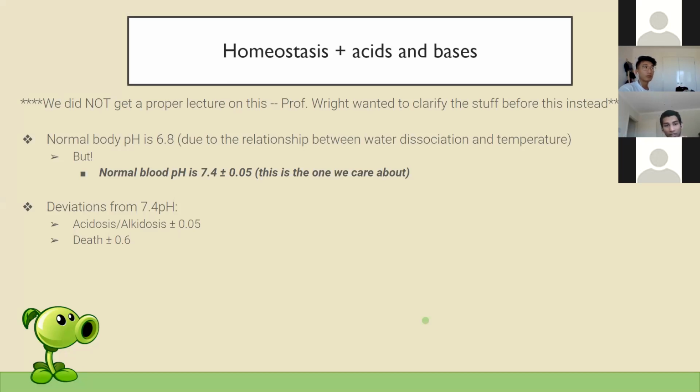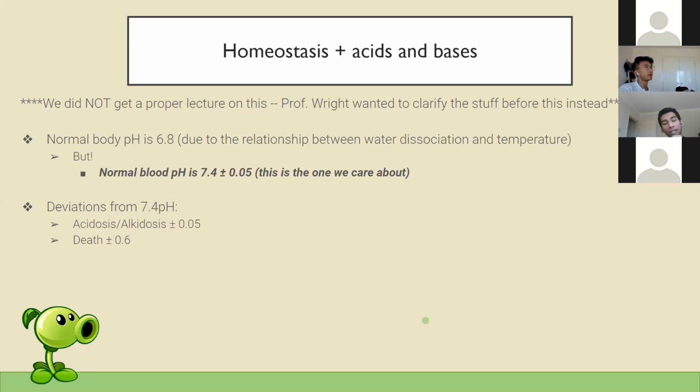So basically, just really quickly, normal body pH is about 6.8. That's not important. Don't memorize that number. It's a waste of time. Instead, memorize that normal blood pH is 7.4 plus or minus 0.05. That's the important one, because that's what you'll be measuring and keeping track of. And then in terms of deviations from 7.4 pH, you can get acidosis or alkalosis. I'm not sure if that's what it was.